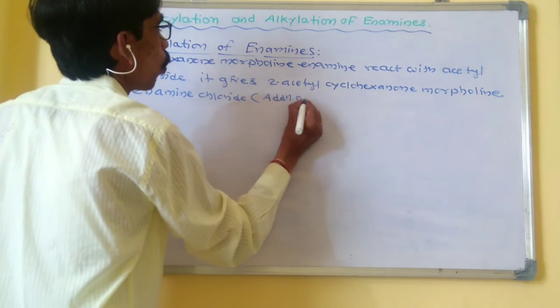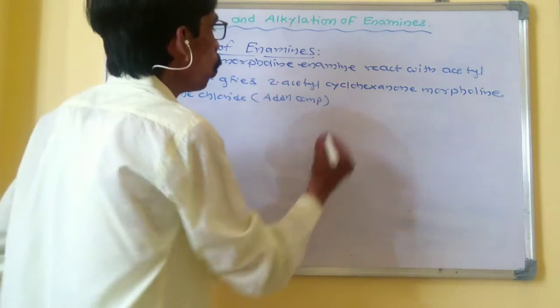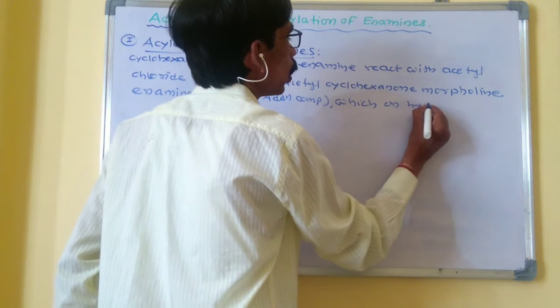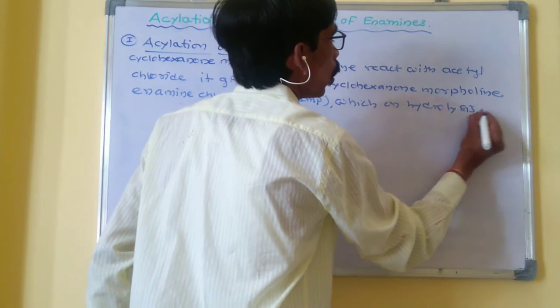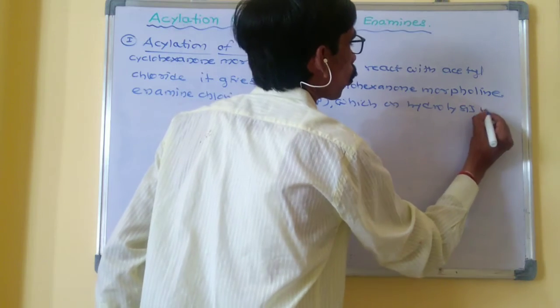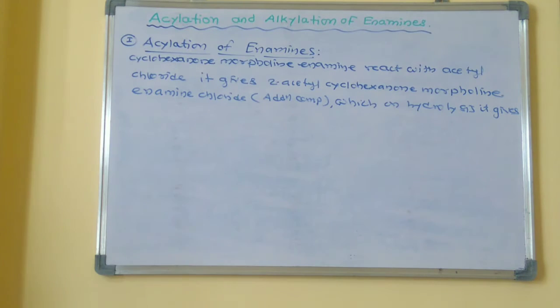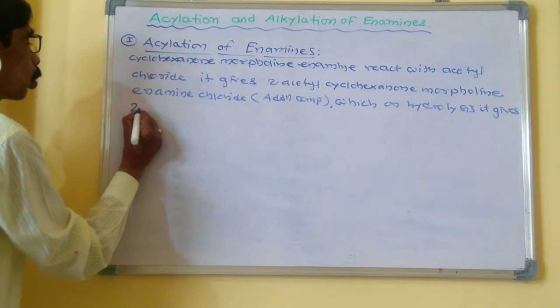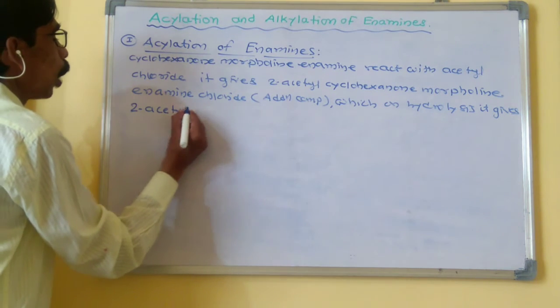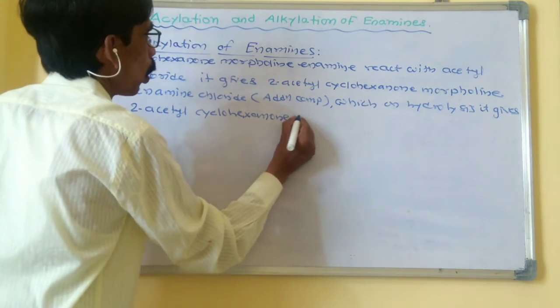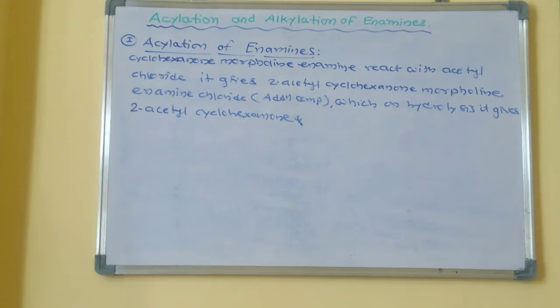This is the formation of an addition compound, which on hydrolysis gives 2-acetyl cyclohexanone and morpholine hydrochloride.